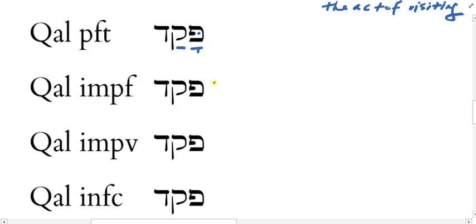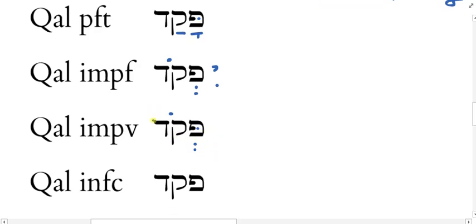The Qal imperfect is yifkod. The Qal imperative is formed by chopping off the head, chopping off whatever the prefix is. If I chop off the prefix, I'm left with the shva under root 1 and the holem with root 2. So that's pekod. And it turns out that the infinitive construct, I'm telling you, has the same vowel pointing.